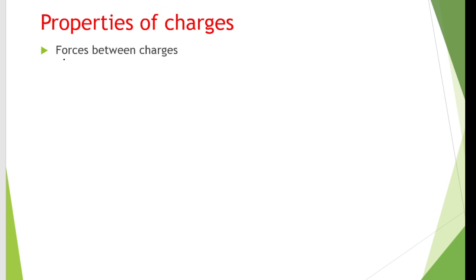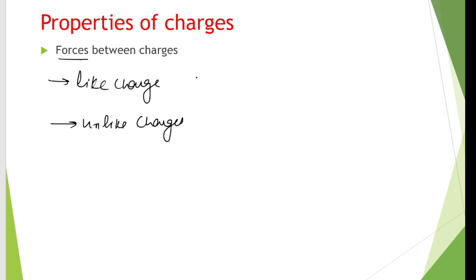The last property we are going to discuss is the force between charges. There are two types of charges: like charges and unlike charges. Like charges are charges of a similar kind, where both are positive or both are negative.